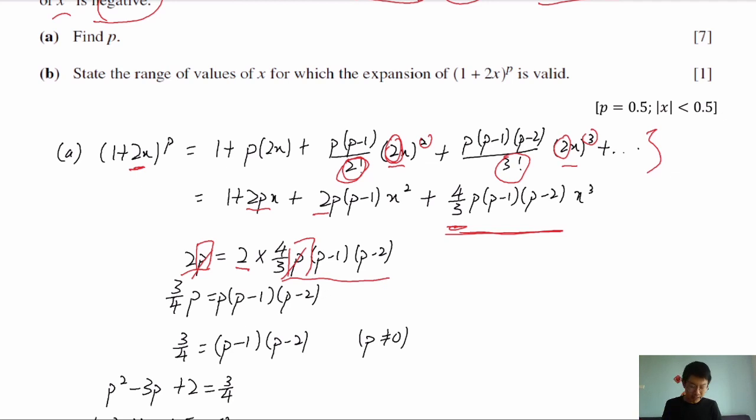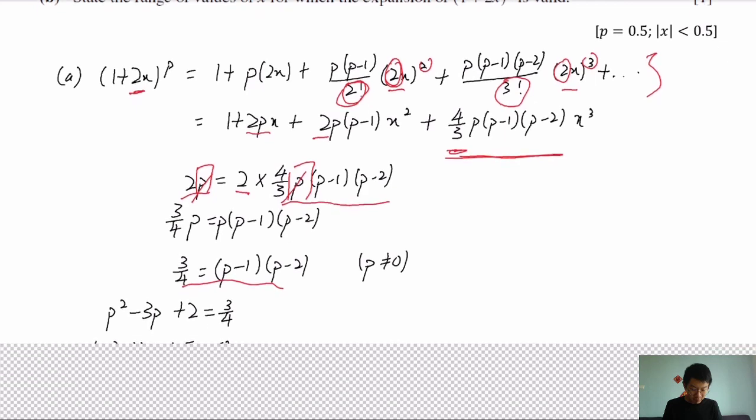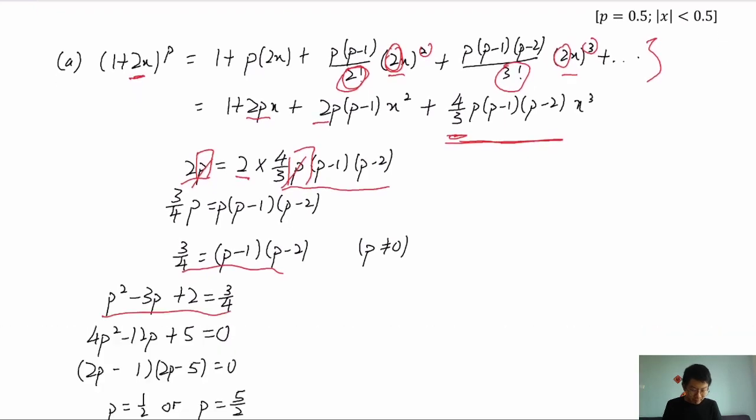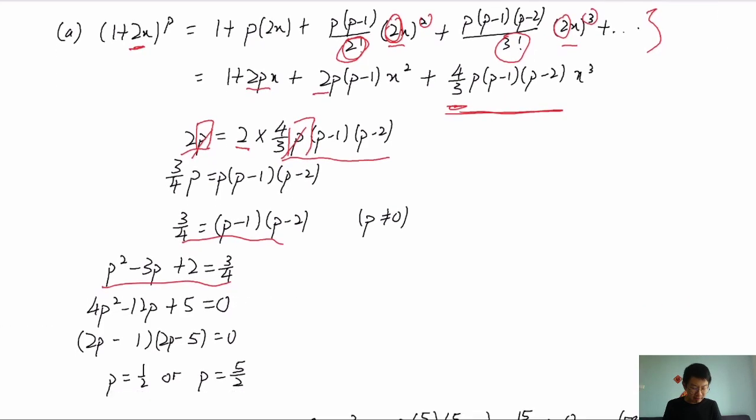This ends up with something related to a quadratic. Just work with the quadratic equation, and we will eventually end up with two values for p. We are not going to use both values of p, because we are going to reject one of them.